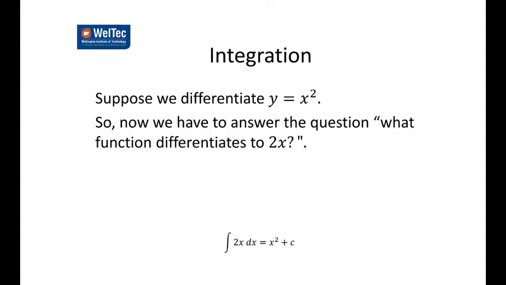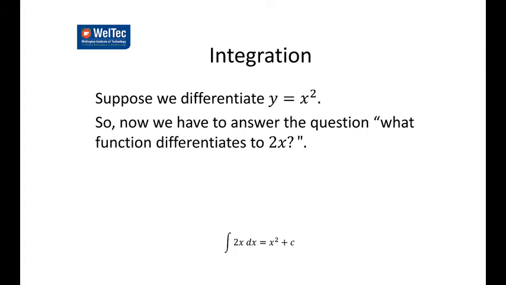Right, suppose we're looking at y equals x squared, and we've differentiated it. So we've now got 2x. Let's go backwards. What function did we have that differentiates to 2x?